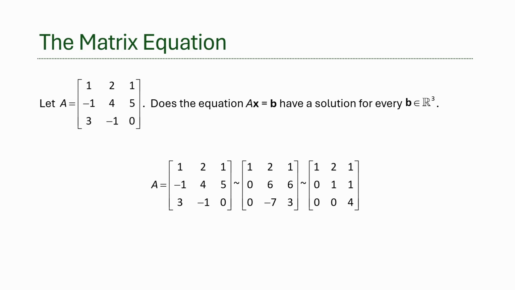And if you flip back to the theorem and you look at items A and D, put those together, and we know that if A has a pivot column in every row, then for every b in R3 in this case, Ax equals b has a solution. So in this case, the answer to our question is yes.